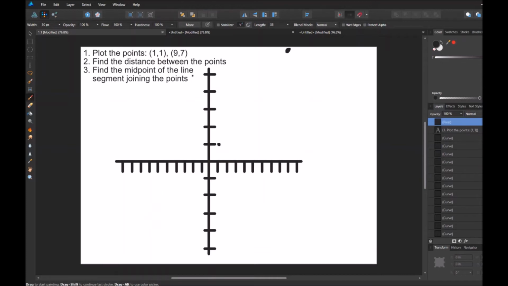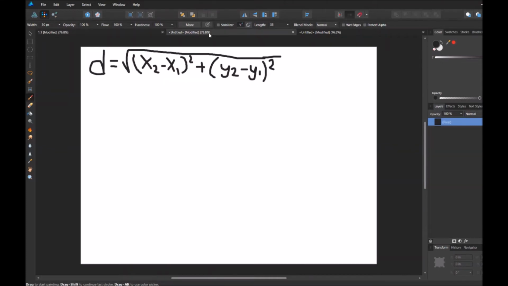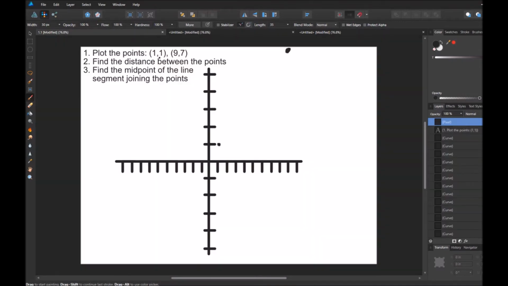Now we have to find the distance between the 2 points. So if you don't remember the distance formula, it's d equals the square root of x2 minus x1, and that's going to be squared, plus y2 minus y1 squared. So in this case, our x1 and y1 are 1 and 1, and our x2 and y2 are 9 and 7.